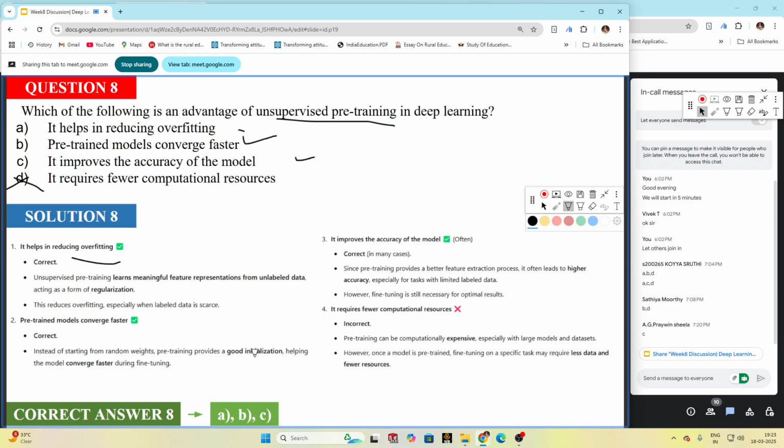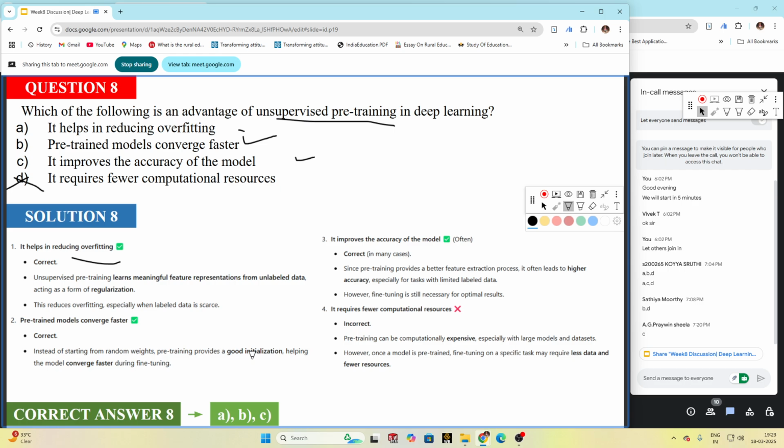Sir, I have a doubt. In the fourth, it requires fewer computational resources. But actually, when we do unsupervised pre-training, then we tune the weights. Compared to training where we don't have pre-training, will it not take more time to converge to these weights?